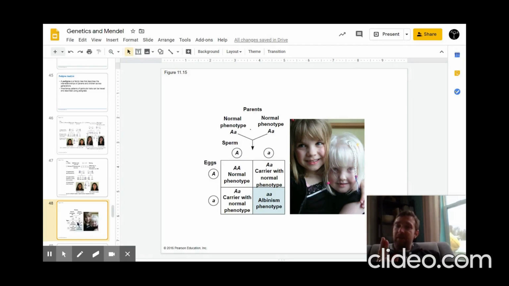And this is another allele that is pleiotropic. We don't just have lack of pigment being made in the skin. There's also lack of pigment being made in certain parts of the eye, so they have vision problems, and lack of pigment, obviously, in the hair.